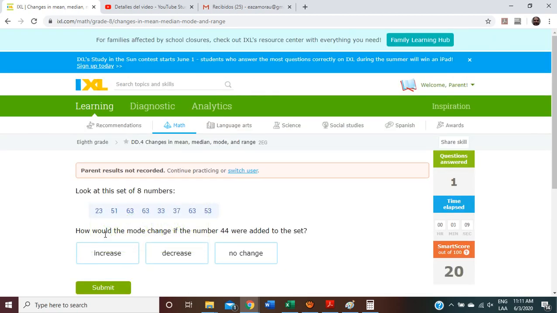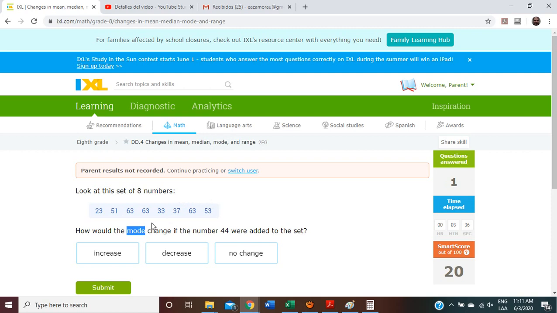Okay, now we have 8 numbers, and the question says, the mode is the most repeated number in a set of numbers, how would the mode change if the number 44 were added to the set? So we have 8 numbers. So if we add 44 to this set, what's going to happen?